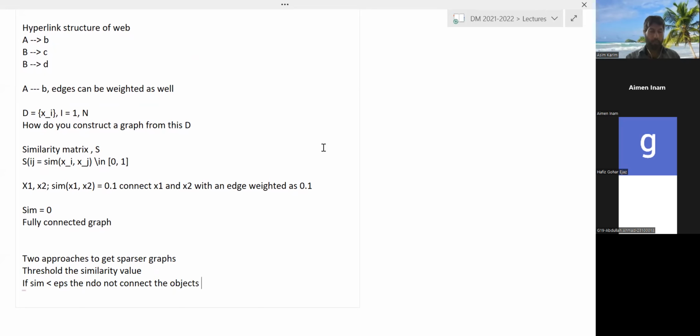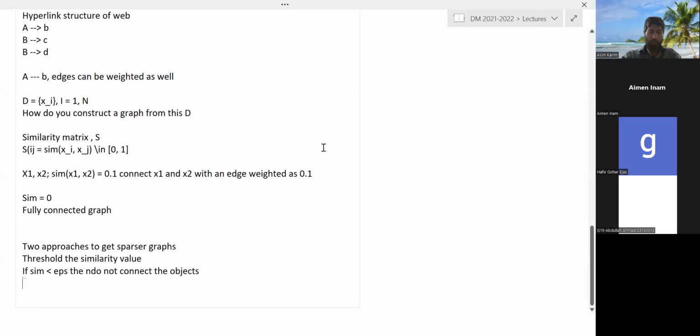In this case, you will have to decide the similarity value a priori. Based on that, some edges would be dropped and the remaining edges would remain in the graph. That's one approach, which is a global approach because the same similarity value is applied throughout your data set.